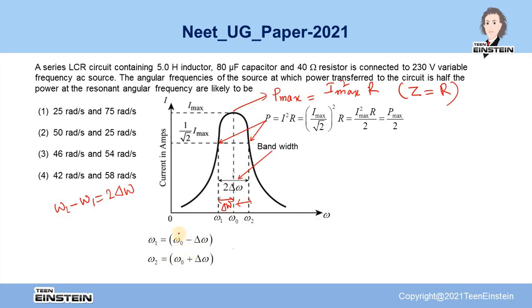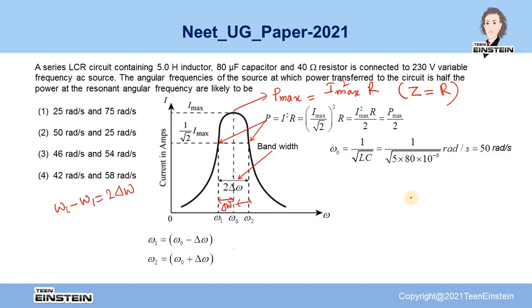Hence if you know omega 0, the resonance frequency, and delta omega, half of the bandwidth, then the problem is solved. So how do you calculate the resonance frequency? We know resonance frequency omega 0 is equal to 1 by root over LC. If you put the values of L and C, you get omega 0 equal to 50 radians per second.